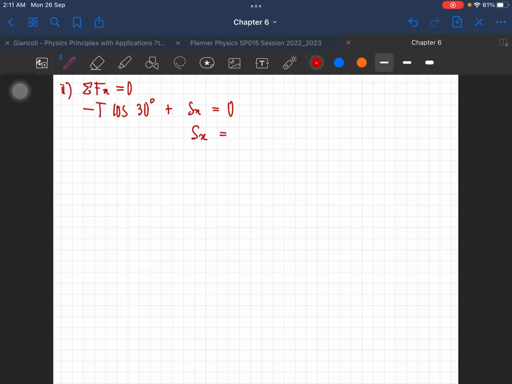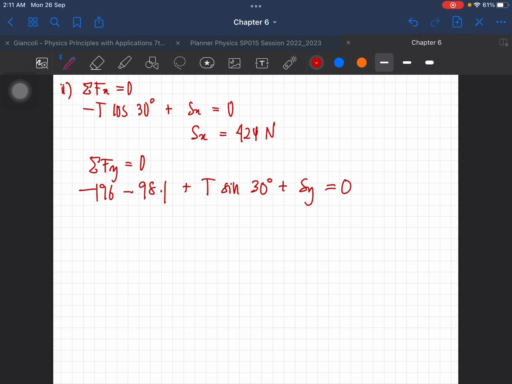Okay, so Sx is going to be equal to 424 Newton. And then do the same thing for the y component. So that is negative 196 minus 98.1 plus T sine 30 degree, plus Sy equal to 0. So dari sini Sy will be equal to 49.1 Newton.